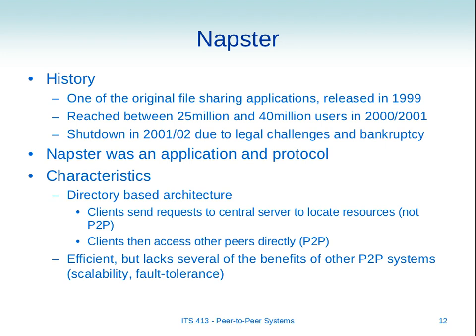Because now if we move from 5 peers to 500 peers, the index increases at the server. That becomes harder to manage. And the load, the queries going to the server, increases. It becomes a bottleneck. So that's the problem there. It doesn't scale well as you increase the number of nodes.